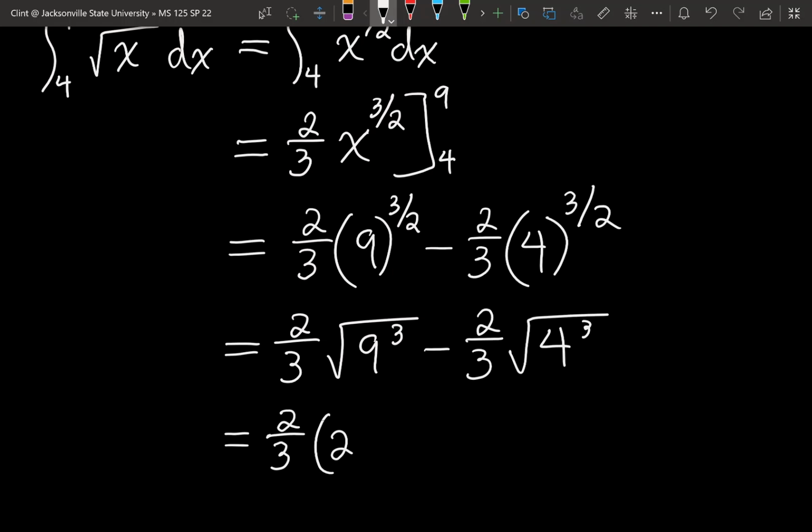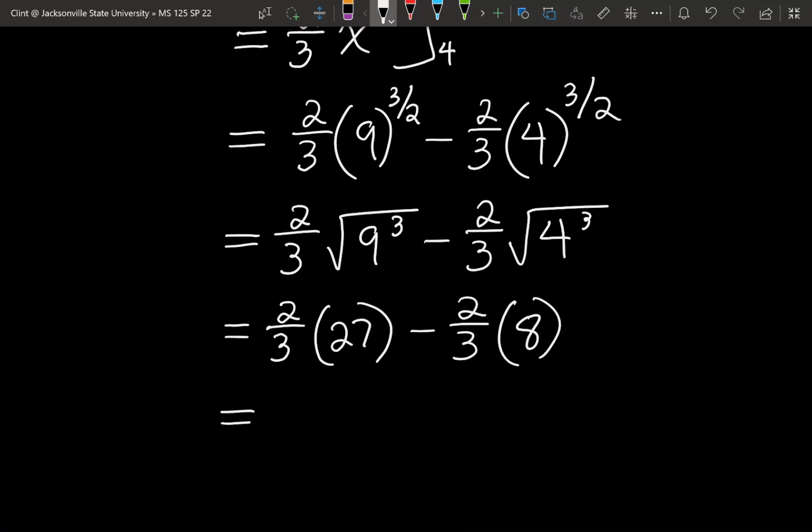That's 27. And then that's 2 cubed. That's 8. So again, you can just go to the calculator whenever you get fed up with trying to do it by hand. So what's that?